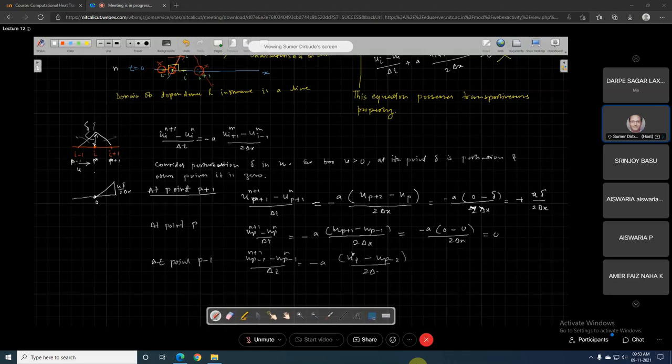We are not bothering about the other term. And this will bring in negative a delta over twice delta x. So what do you see at this point? You have a delta and twice delta x.